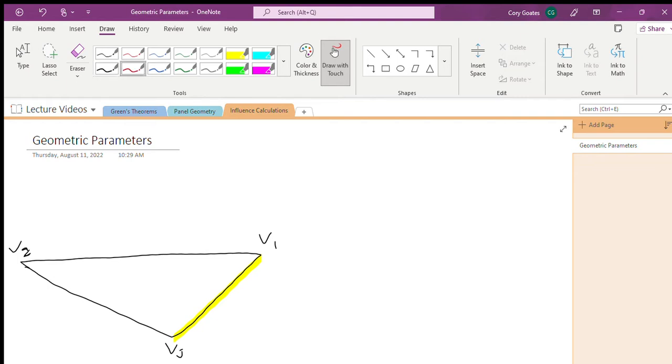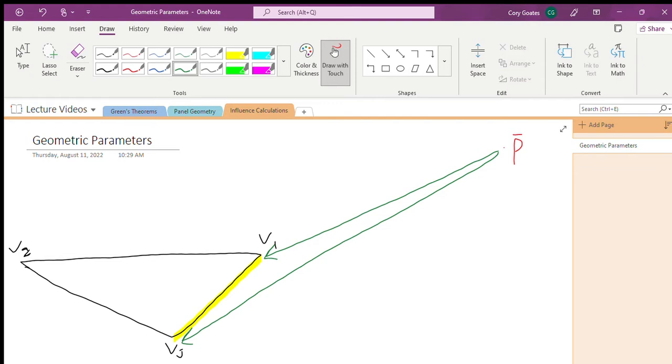Now, if we've got a point out here, call that point P, the most basic parameters we need to know that relate this point to this panel are the displacements from the point to the vertices. So that's this vector right here, and this is this vector right here.